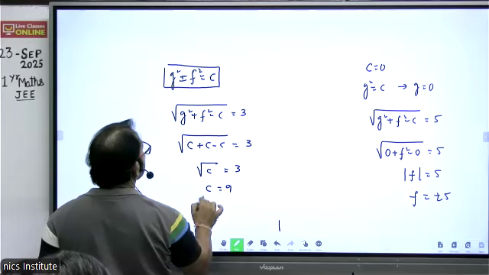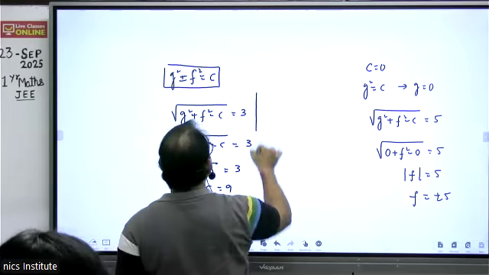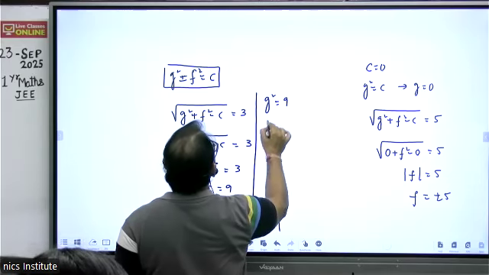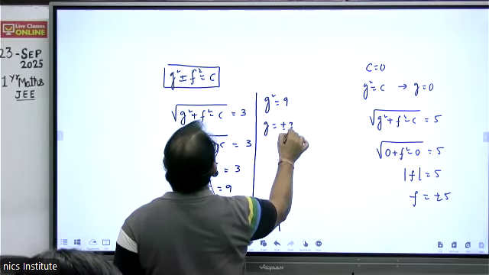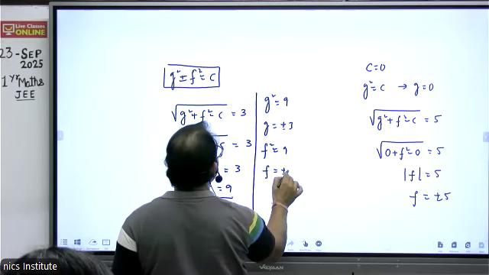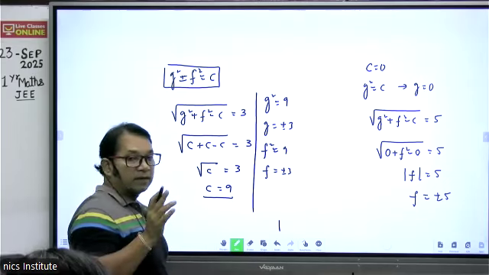c हो गया 9. The moment c is 9, g² is 9, g would be ±3. f² is also 9, f would be also ±3. There'll be 4 combinations.